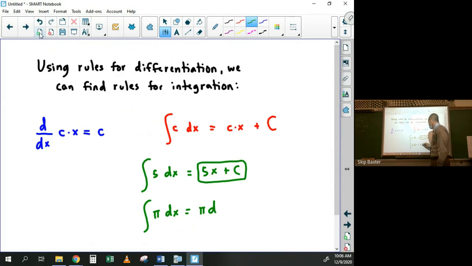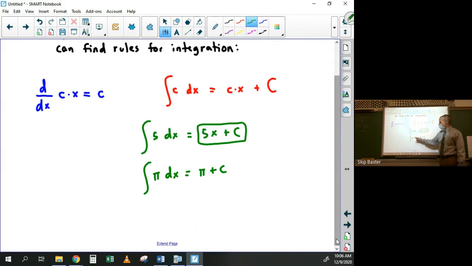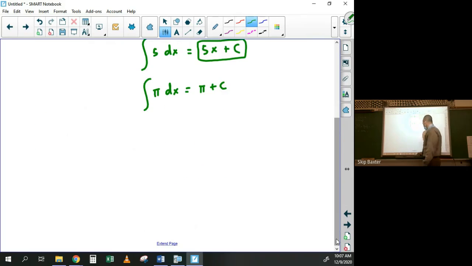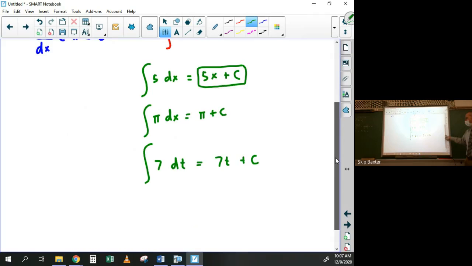Another thing that's important that the dx is there for is, what if you had something like the integral of 7 dt? The answer would be 7t plus c, right? Because t is the variable that you're working with in this case. Would it be pi x plus c?